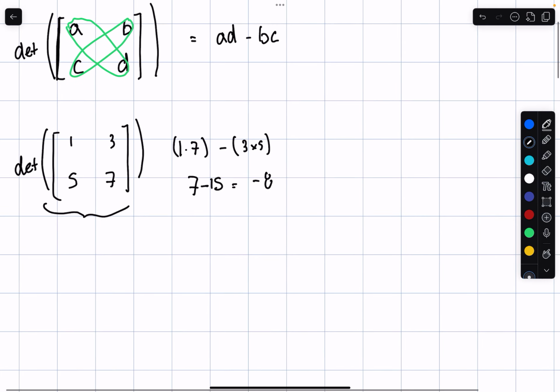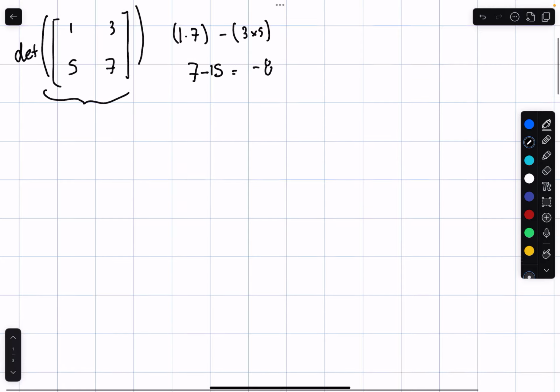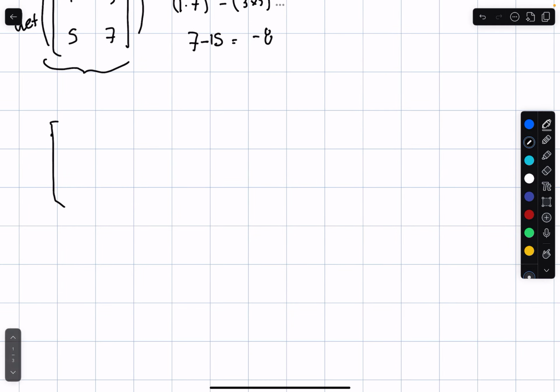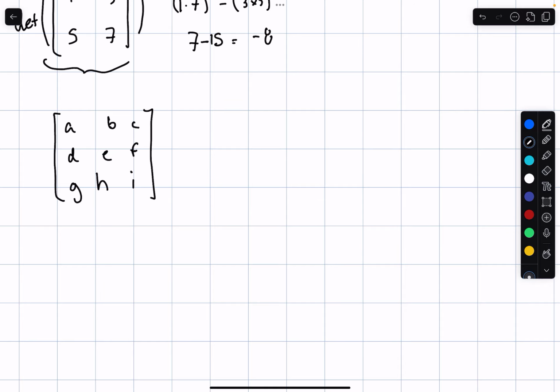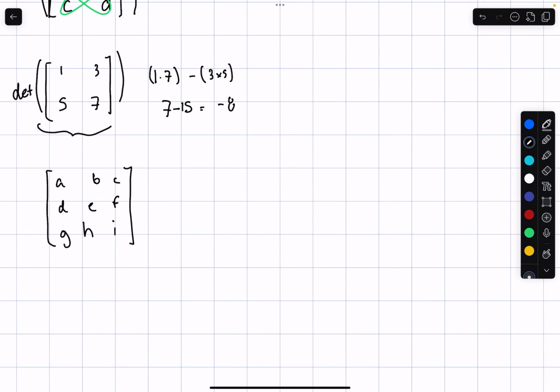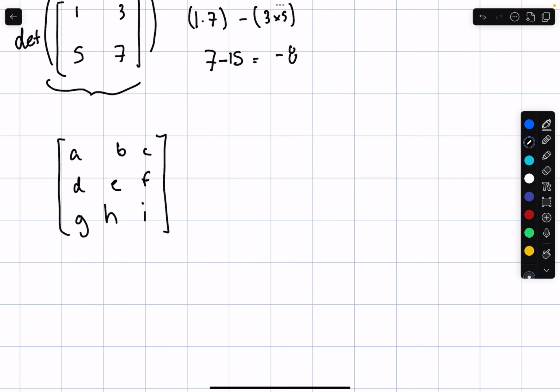You saw how quick and easy that was. So if we're given a matrix that's bigger than that, say a 3 by 3 matrix like this, how are we going to find it without being able to use this trick? The way we do this is that we can reduce this 3 by 3 matrix into a bunch of 2 by 2 matrices using cofactor expansion.